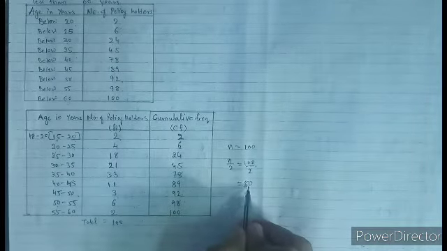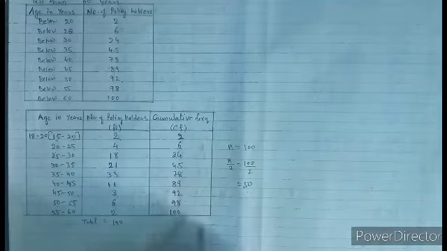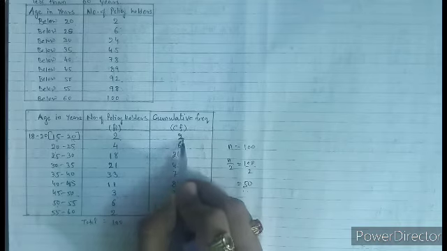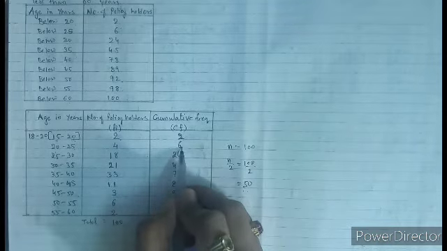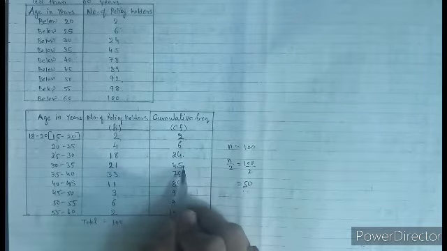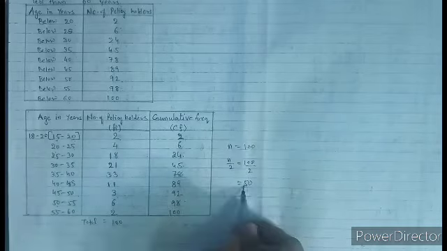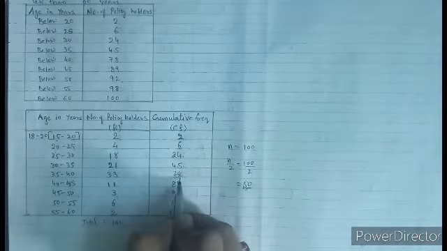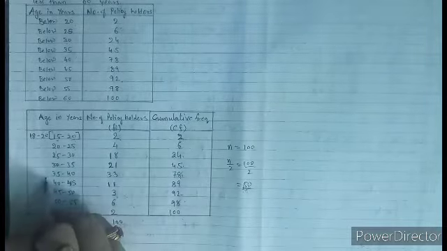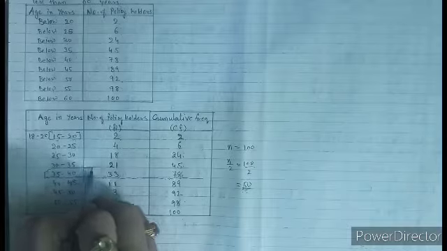Now, using this n by 2 term and cumulative frequency, we have to obtain the median class. Let us check at which cumulative frequency level we get n by 2. The first level gives 0 to 2. Second gives 3 to 6. Third gives 7 to 24. Fourth gives 25 to 45. And the next gives 46 to 78. Here n by 2 is 50, so we get the level 46 to 78, and our median class is here.